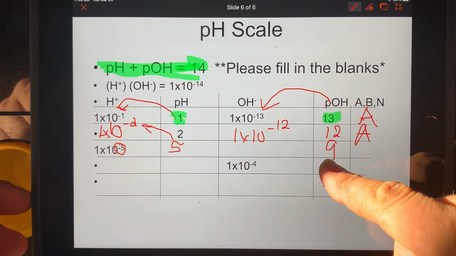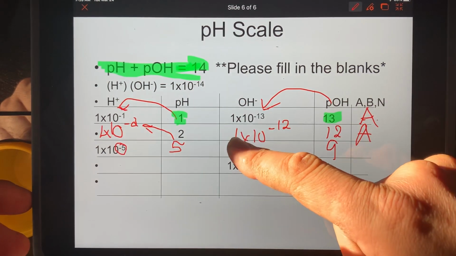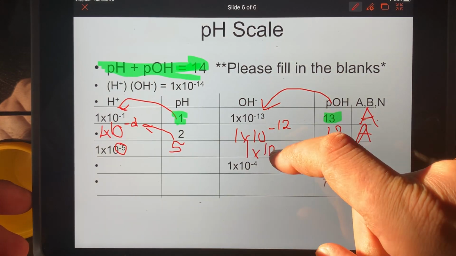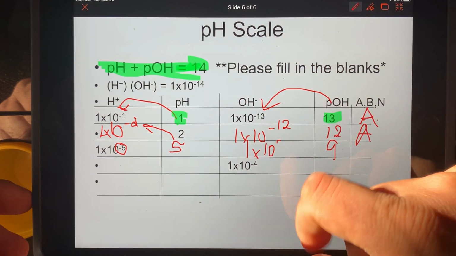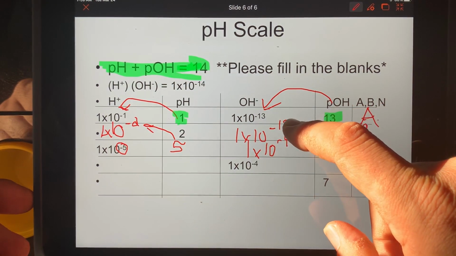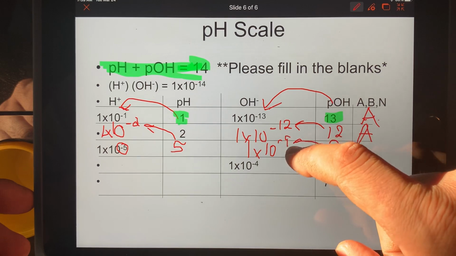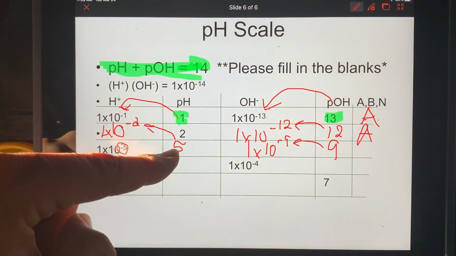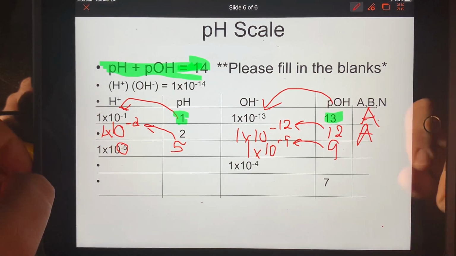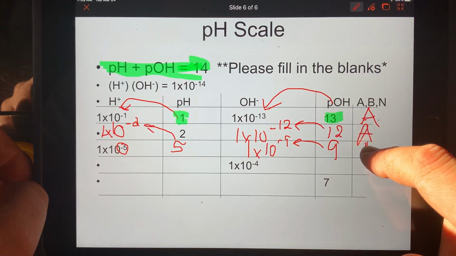So if this is 9, this will be 1 times 10 to the negative, what is it? 9. See? 12 goes with 12, 9 goes with 9. What is my pH number? Is that under 7? Yes, it is. If it's under 7, what is it? The substance is an acid.